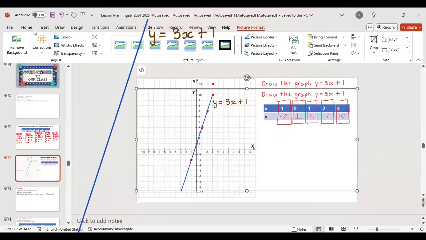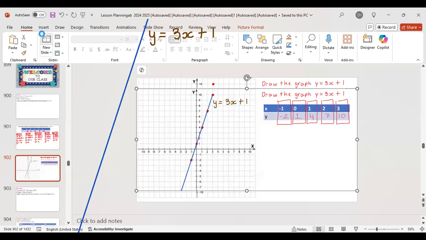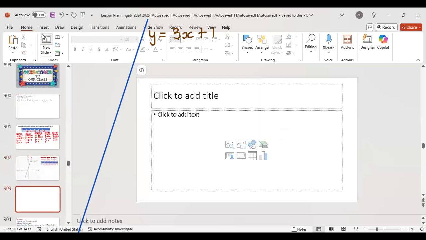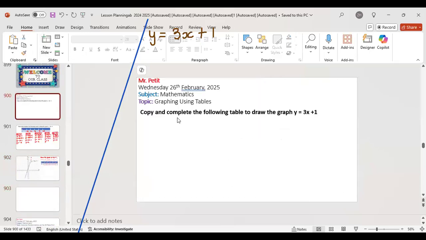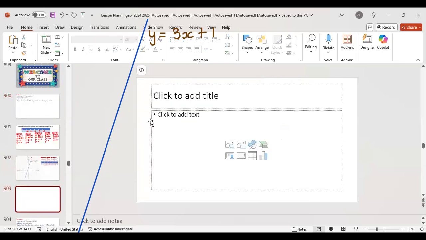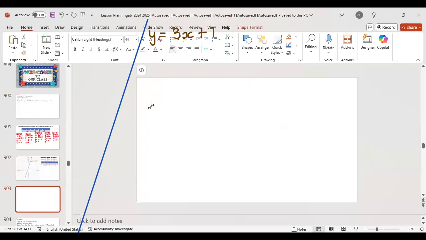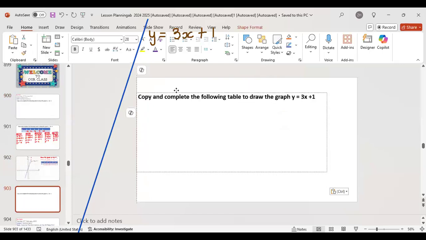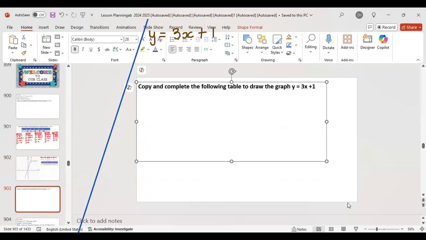So let's go ahead and do this. Let's say copy and complete the following table to draw the graph. Let me clear our drawings for this one.